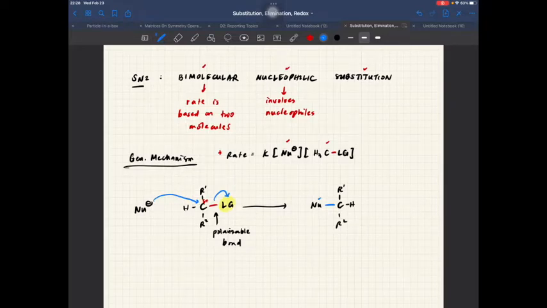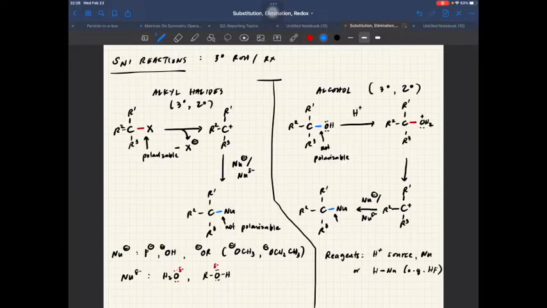to form the final product, in which the nucleophile now bonds to the carbon with a non-polarizable, or stronger, bond. In the context of alcohols and alkyl halides, the SN1 reaction can be interpreted as such. In the case of alkyl halides, the leaving group is the halogen, and it has a polarizable bond with carbon.